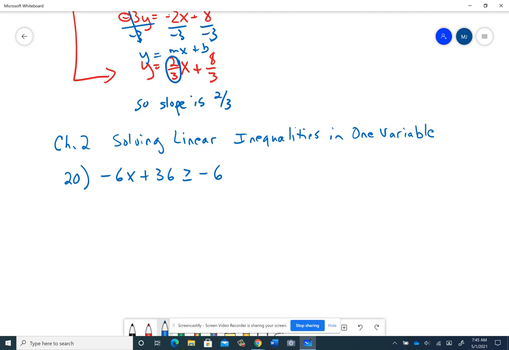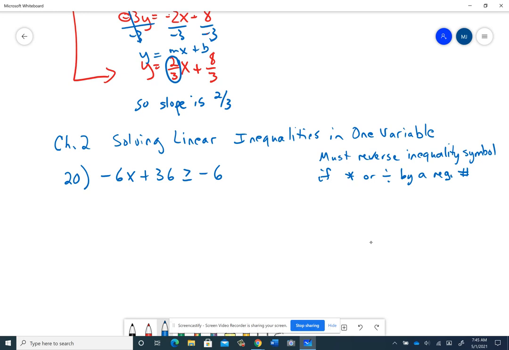You do that when you're multiplying or dividing: you must reverse the inequality symbol if multiplying or dividing by a negative number.